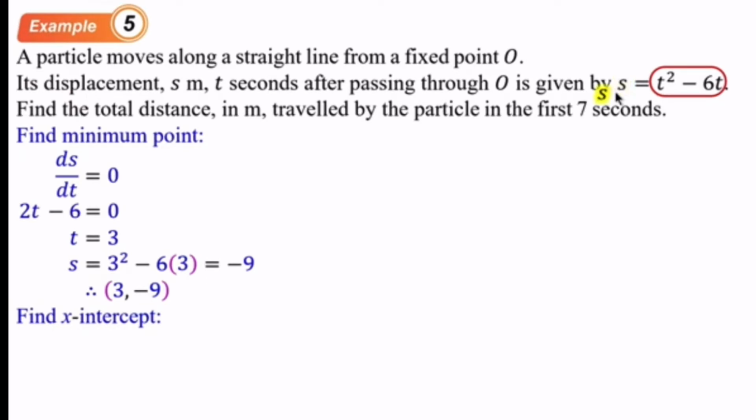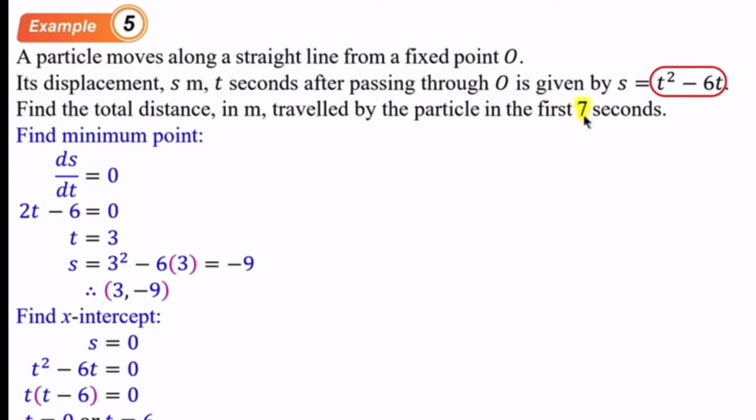So in order to sketch a graph, you have to follow all the steps. Find the x-intercept: let s equal 0, then we factorize. So we factorize out t, and then t minus 6 equals 0. So t is equal to 0 and t equal to 6.